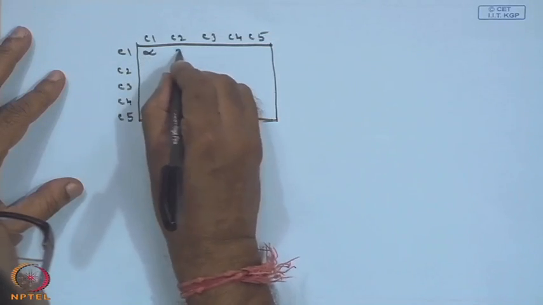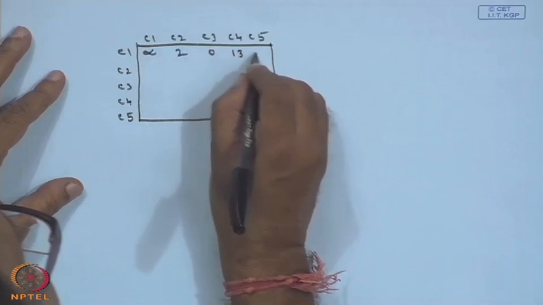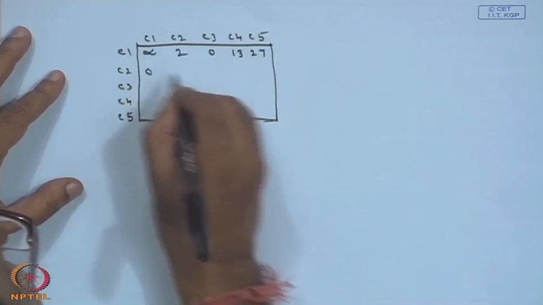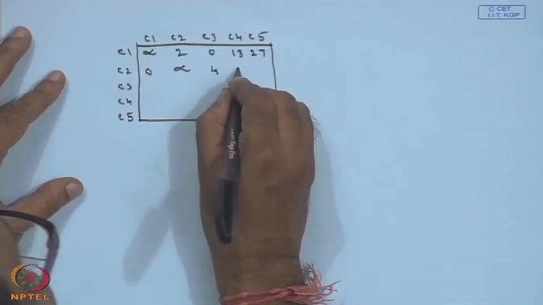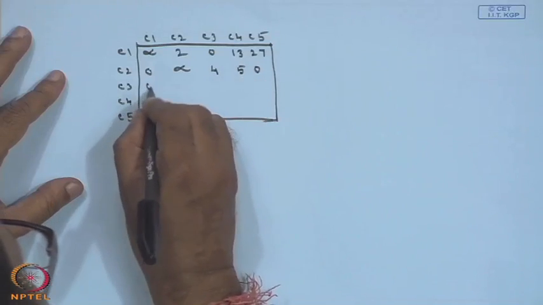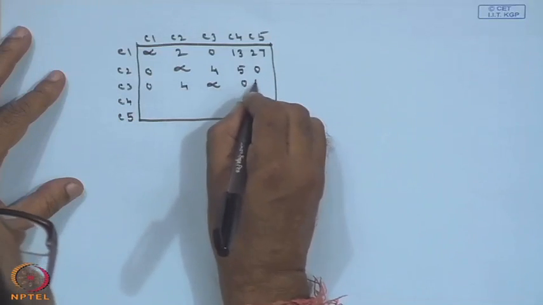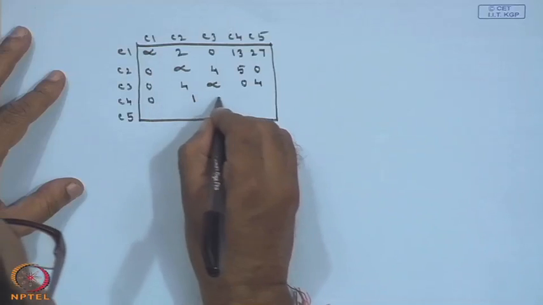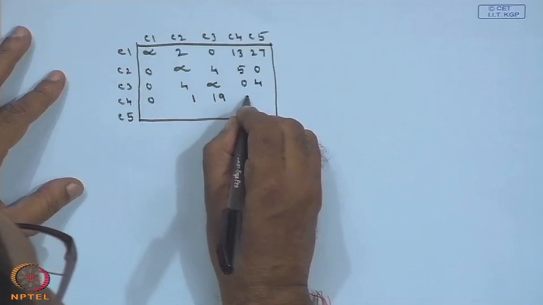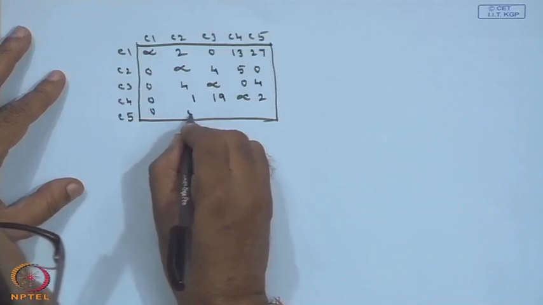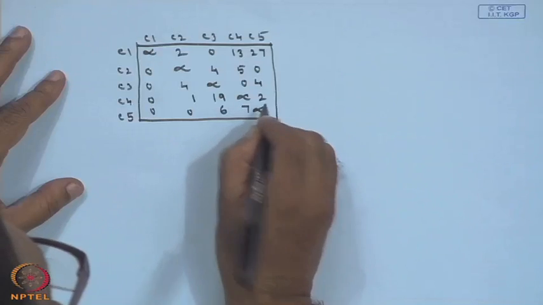Values are infinity 2, 0, 13, 27, then 0, infinity 4, 5, 0, then 0, 4, infinity 0, 4, then 0, 1, 19, infinity 2, then 0, 0, 6, 7 and infinity.